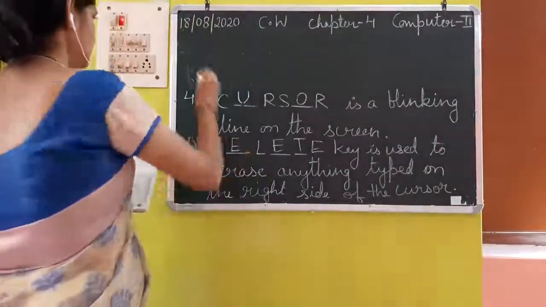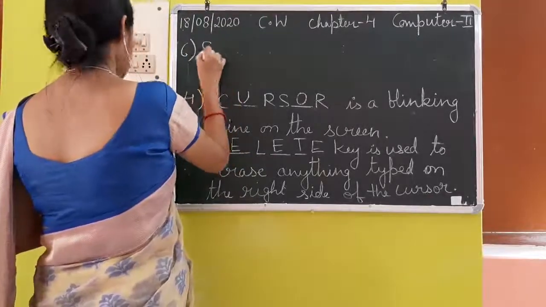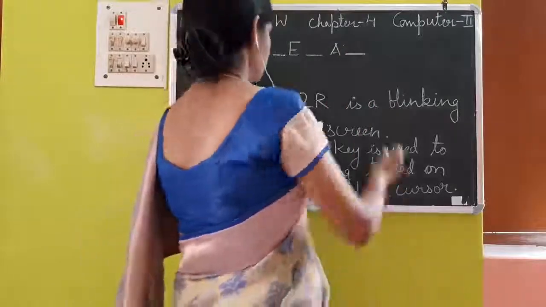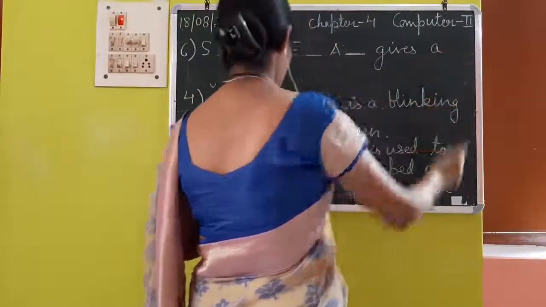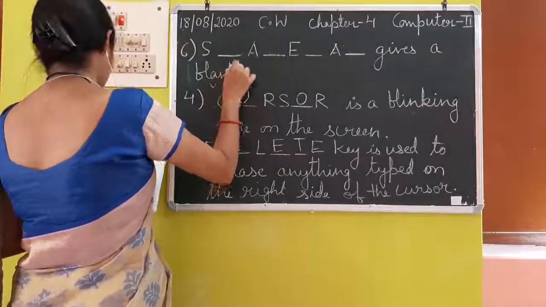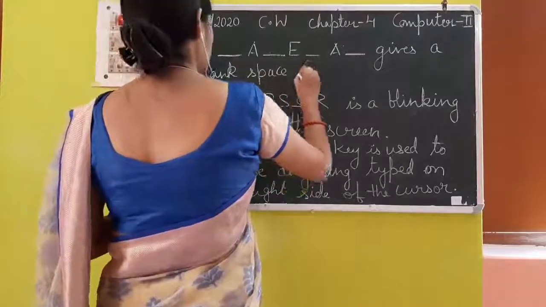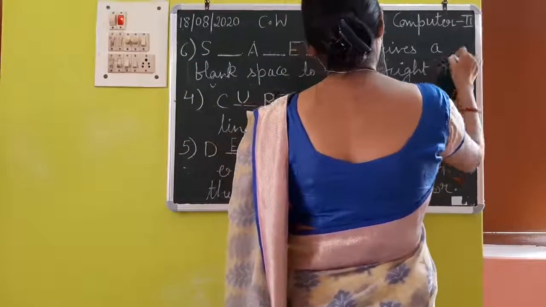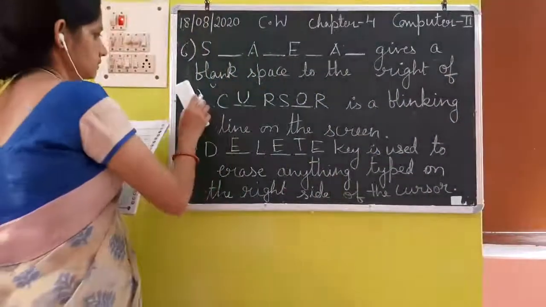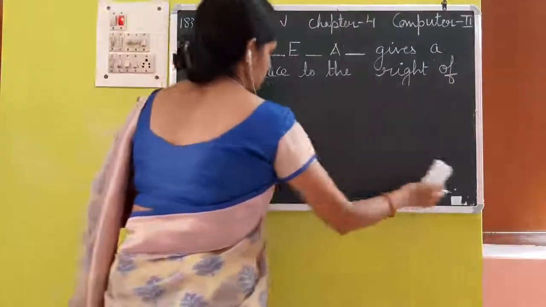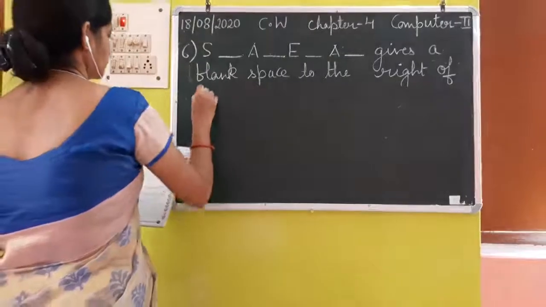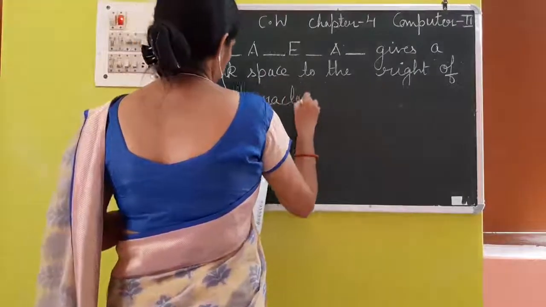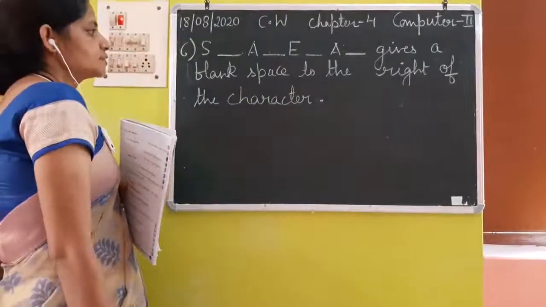So children, sixth one is dash, S dash A dash E dash A dash gives a blank space to the right of the character.